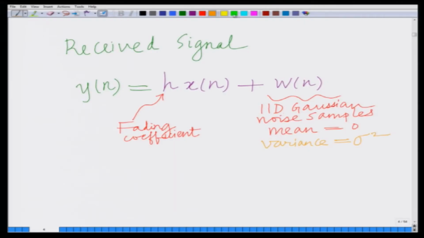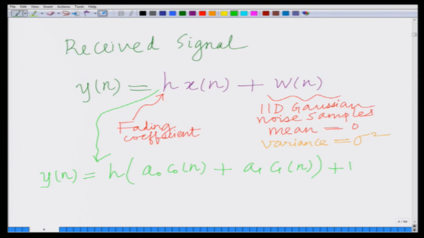Now we incorporate the multi-user transmitted signal, and I have y of n equals h times A0 C0 n plus A1 C1 n, plus w of n.